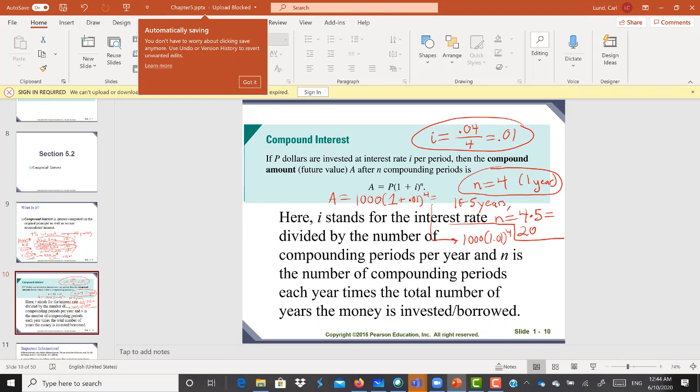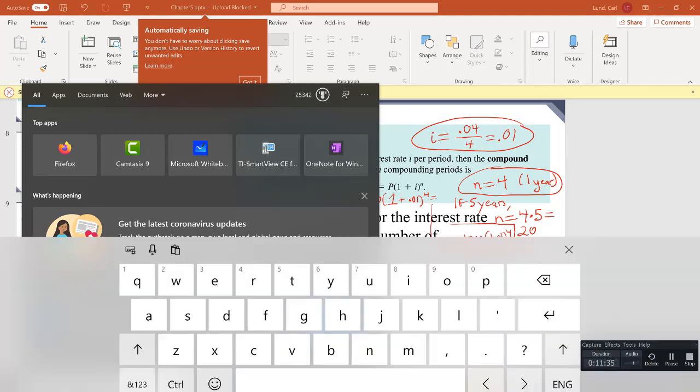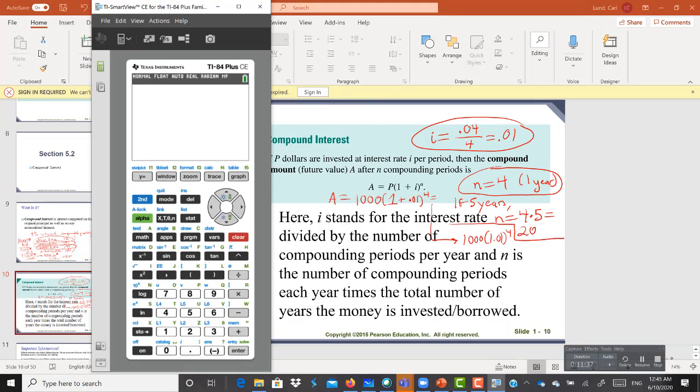So I'm going to pull up my calculator. So first I take 1.01 to the fourth power.